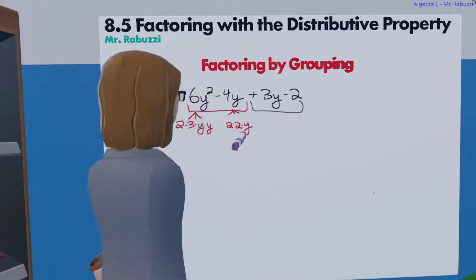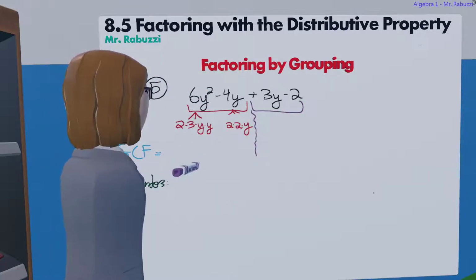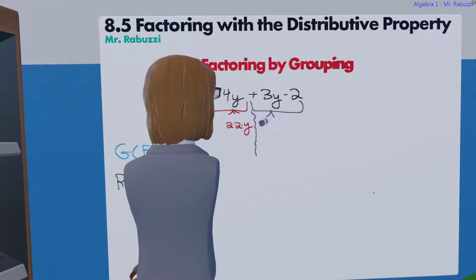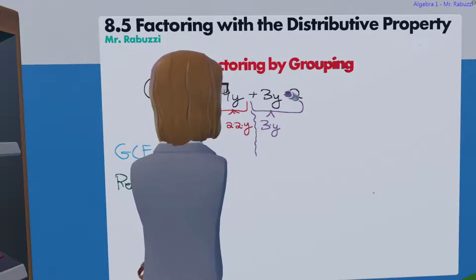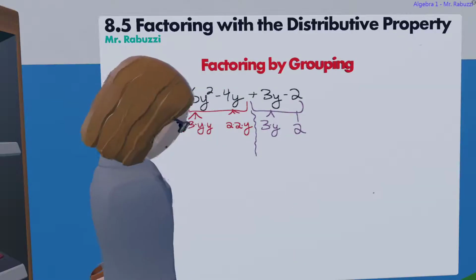I'm going to do all the factors first, then go through and do GCF. 3y, I can factor that into 3 times y. And 2, I can factor that only into 2. It doesn't get any smaller.